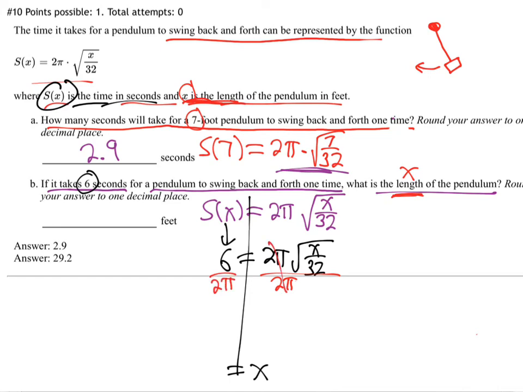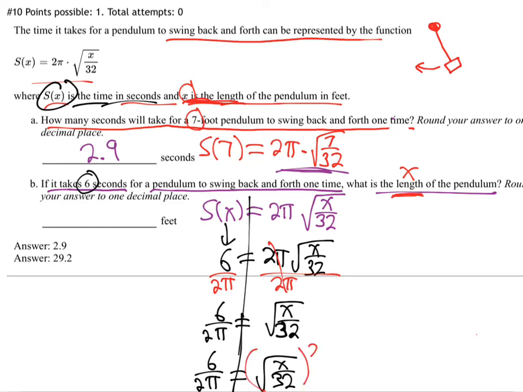Boom. And so we get 6 over 2 pi is the square root of x over 32. Now, how do we get rid of that root? What's the opposite of a root? You know what the opposite of a root is. It's a 2 power, right? So if I bring this down here, let me just rewrite it for clarity.